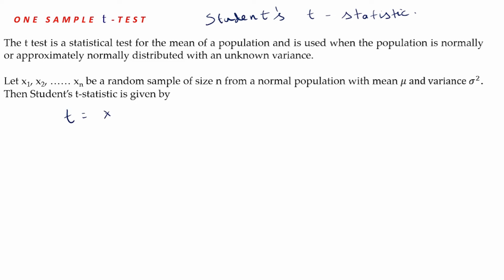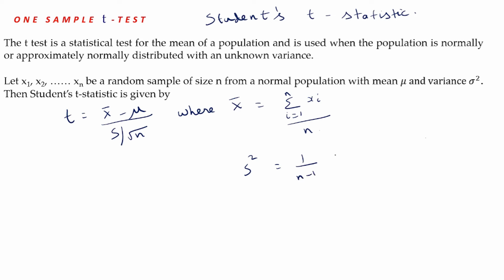t is equal to x bar minus mu upon S by root n, where x bar is equal to summation i equal to 1 to n xi upon n, and S is given by S square is equal to 1 by n minus 1 summation i equal to 1 to n of (xi minus x bar) the whole square.